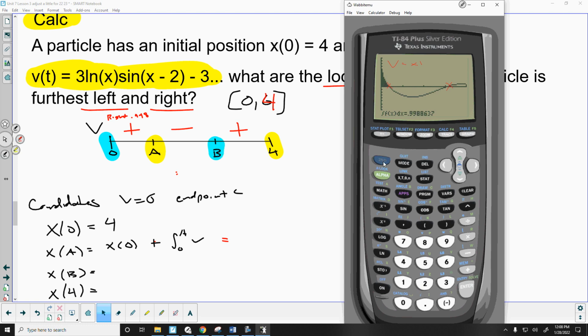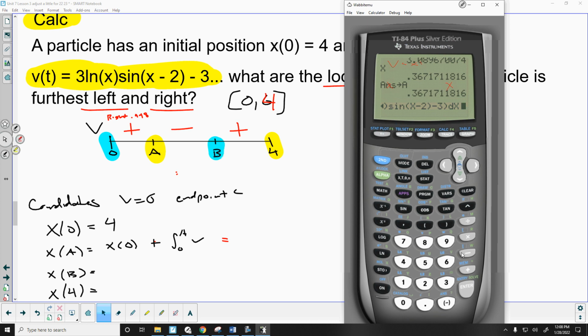So let's go into our home screen because this is easier to do. I have my position at 0, which was 4. And then I'm going to add my displacement from 0 to A. A is still stored. 3 log x sine x minus 2 minus 3.